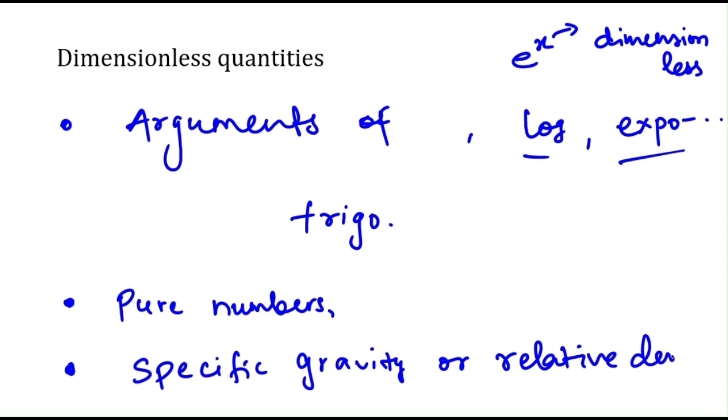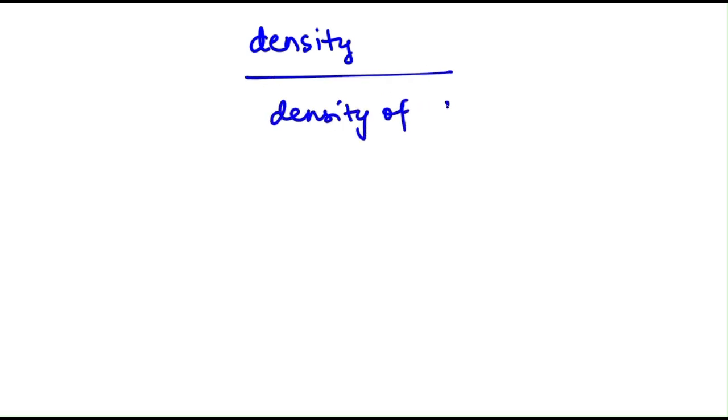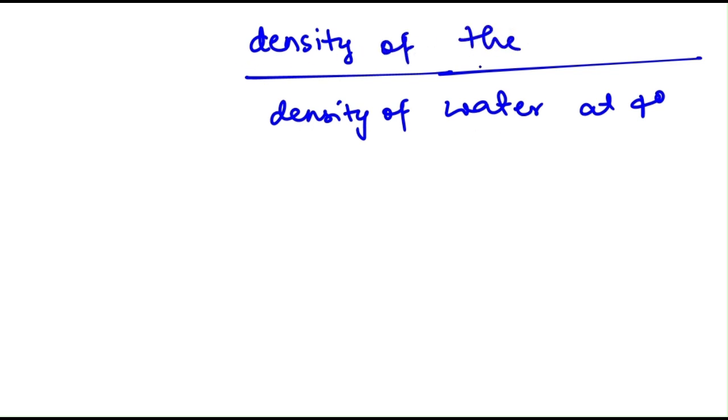Okay, let's move to the next slide. So relative density is nothing but density of the material divided by density of water at 4 degrees Celsius, where it has maximum density.